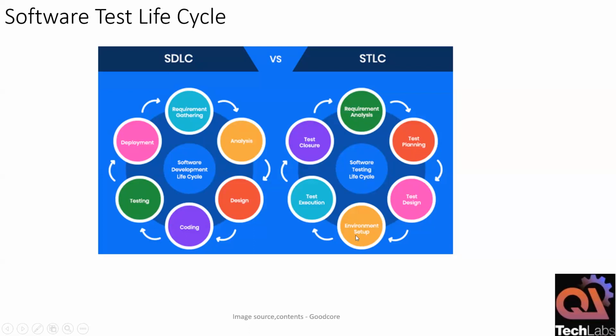Then he needs to set up the environment, execute the test, and then report the outcome. I repeat: requirement analysis, planning, design, environment setup, execute what you design on this environment, which is called test execution, and then you have test closure. Okay, clear to everybody? Just put it in the chat message. You're clear, so I can move forward.